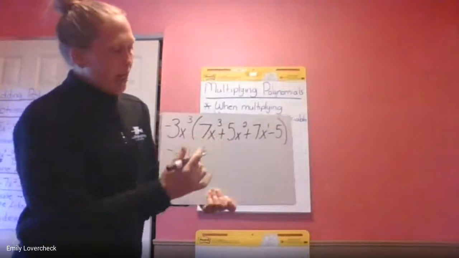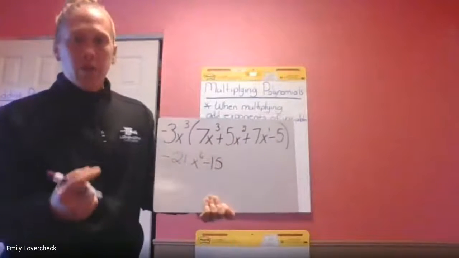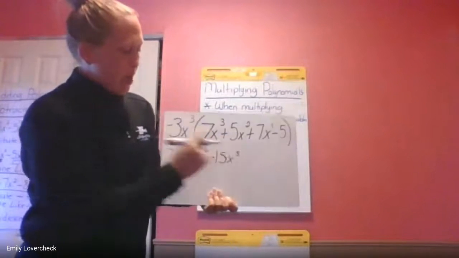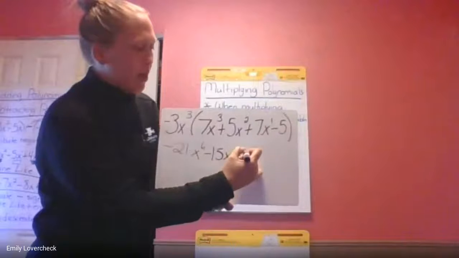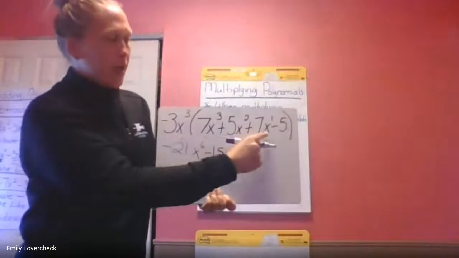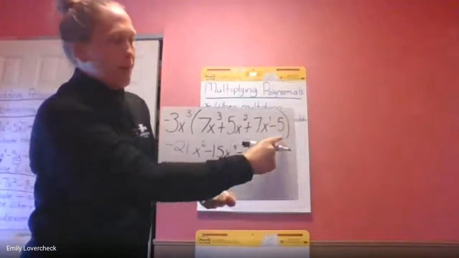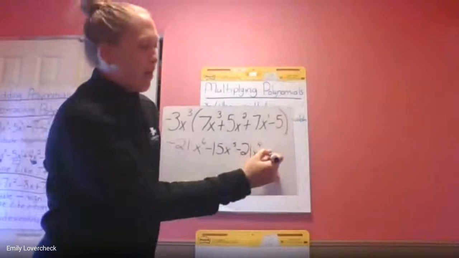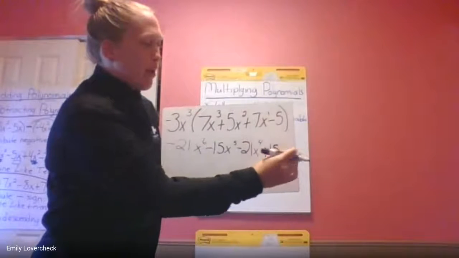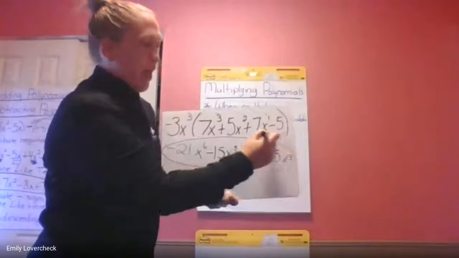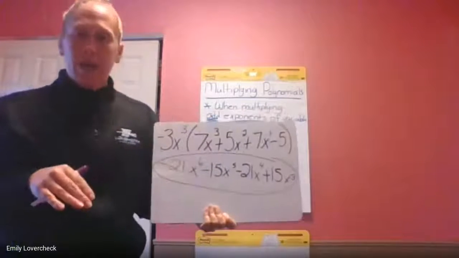Then negative 3 times negative 5 is negative 15?